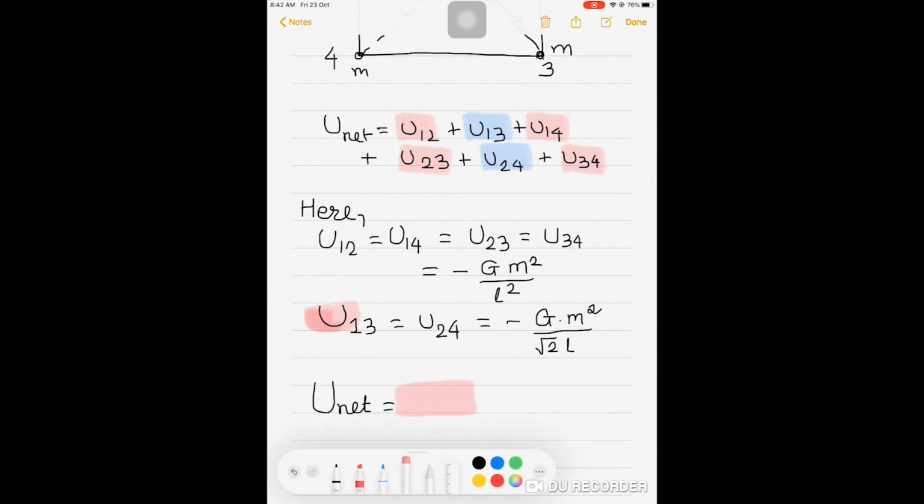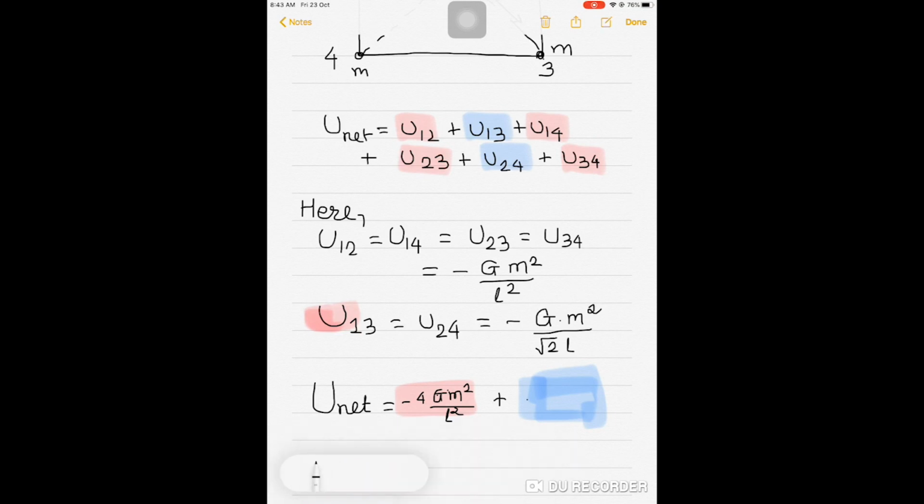So we will have minus 4 G m square over l square plus another part, minus 2 G m square over root 2 l.